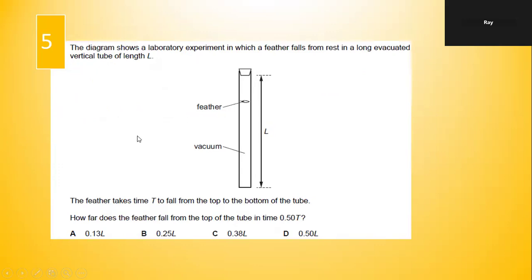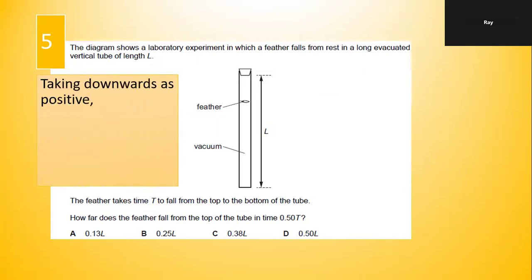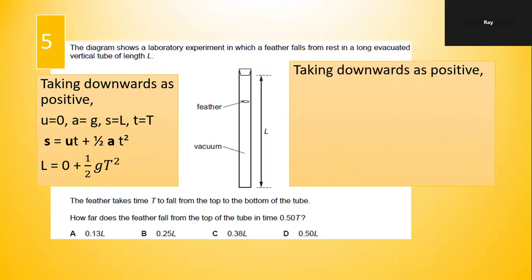Okay, how about this one? B. Taking downwards as positive, write down what is given and use the equation. Taking downwards as positive again, this one you have changed it. You want to find S. Time is 0.5, so you use the same equation.